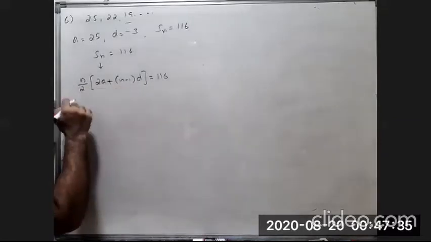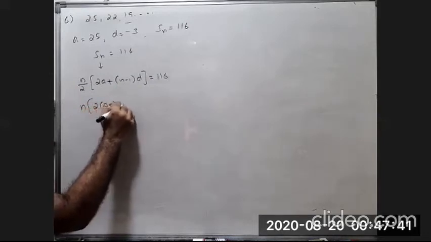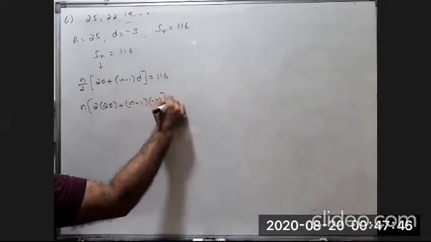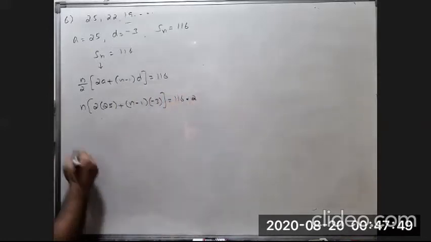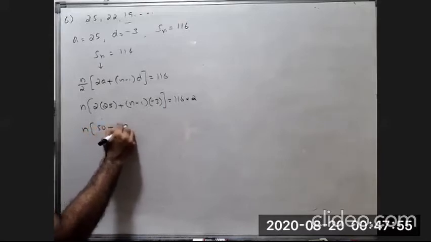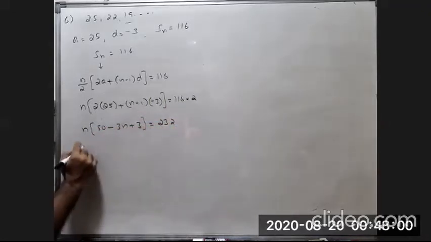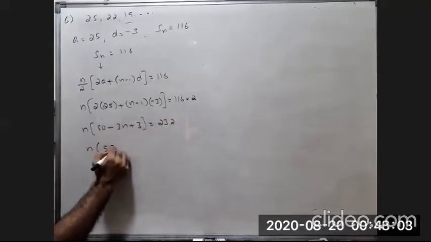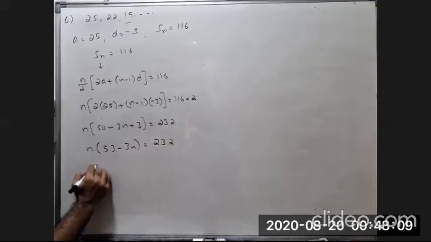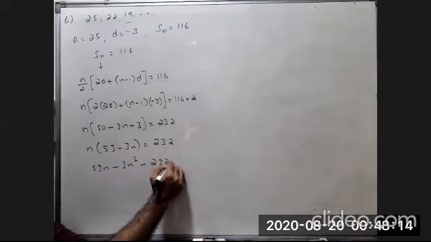So cross multiply: n into (2 into 25, plus (n minus 1) into minus 3) is equal to 116 into 2. n into (50 minus 3n plus 3) is 232. Again, n into (53 minus 3n) is 232. 53n minus 3n square minus 232 is 0.